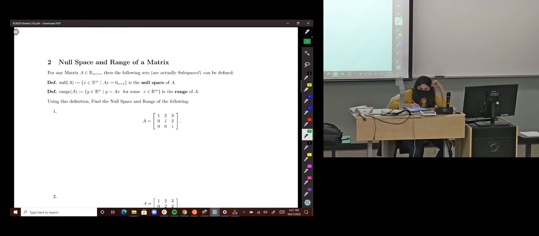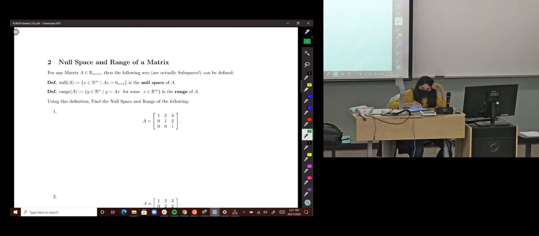If we know for a fact that all columns of A are linearly independent, then this null space of A should just be the trivial 0 vector. And we'll look at an example of that. But that is how we define the null space of A.